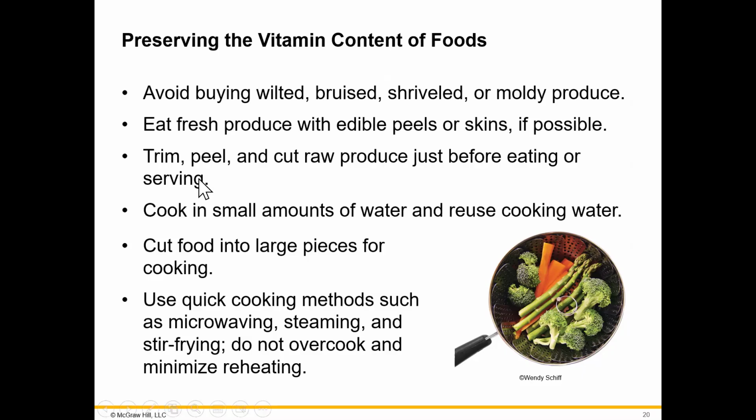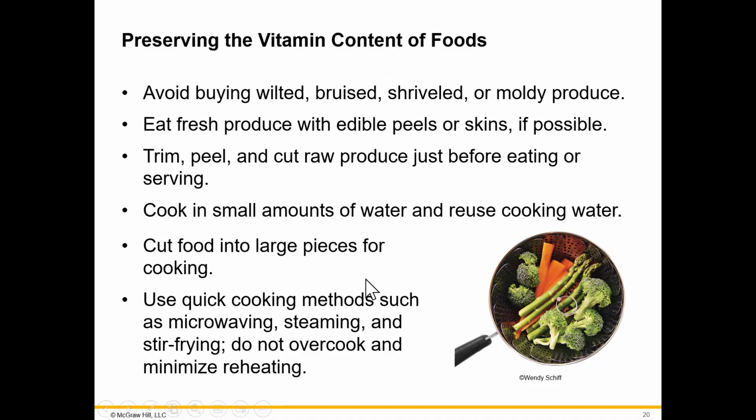Also, cooking in a small amount of water. We mentioned earlier the water-soluble vitamins and how they like to dissolve in water. So make sure that you steam your vegetables or cook them in as little water as possible. That way you're not removing the vitamins from the food, you are actually ingesting them.